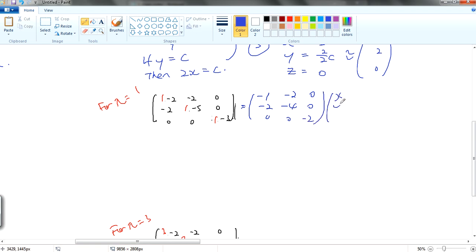x, y, z equals 0. So from here we also see that z is also 0 because minus 2z equals 0. Therefore z equals 0. Okay, 0 times x is 0, 0 times y is 0, minus 2 times z equals 0. Therefore z is also 0.